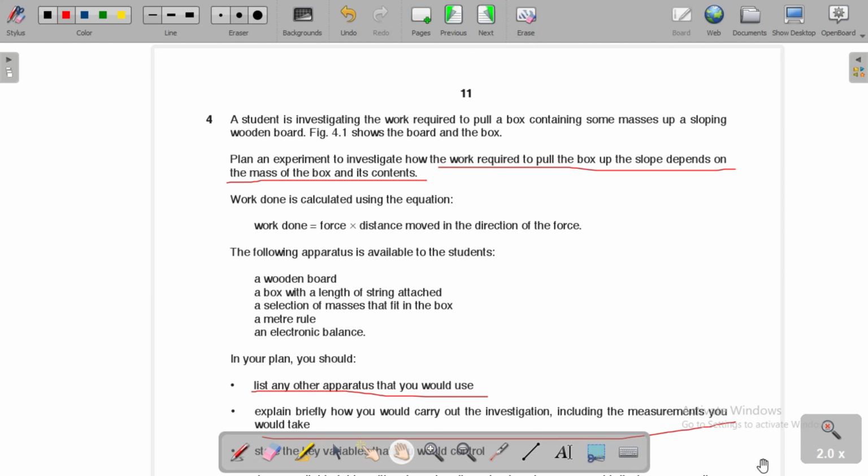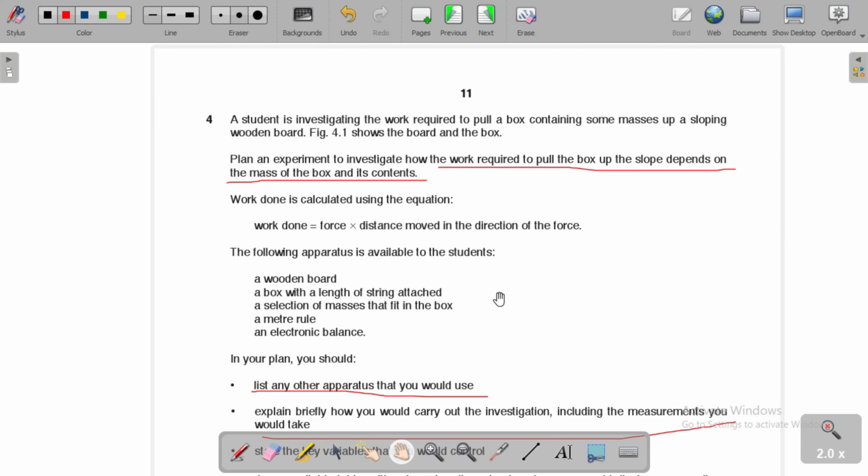Okay, let's take the fourth question. A student is investigating the work required to pull a box containing some masses up a sloping wooden board. Figure 4.1 shows the board and the box. Plan an experiment to investigate how the work required to pull the box up the slope depends on the mass of the box and its content. Work done is calculated using the equation work done equals force times distance moved in the direction of the force.